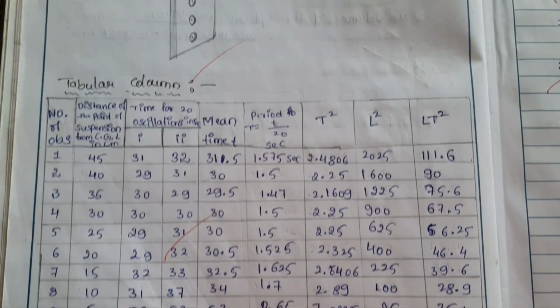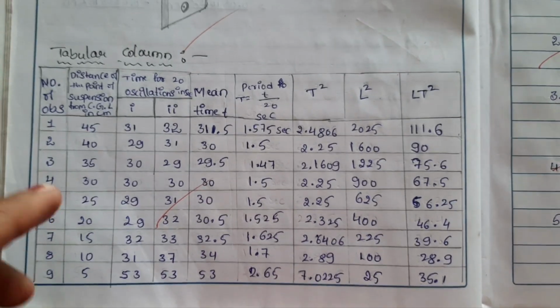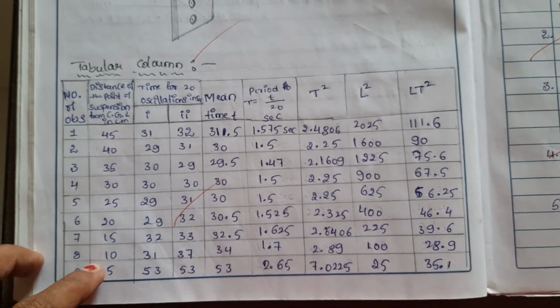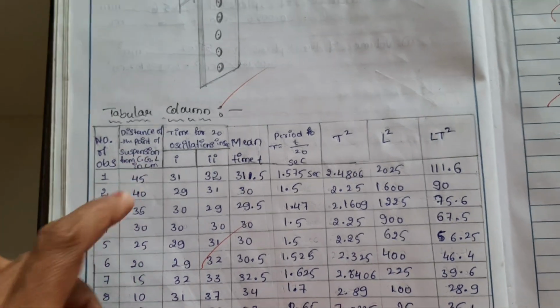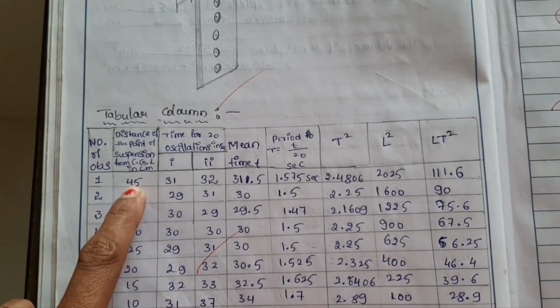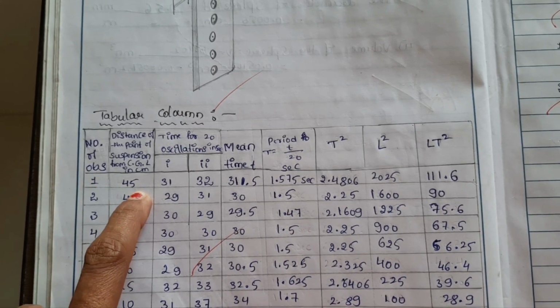The last hole is around 45 centimeter away from the central hole. That means 9 readings we have to take. In this tabular column you have to write all the distances 5, 10, 15 up to 45. First you have to start taking readings from 45.